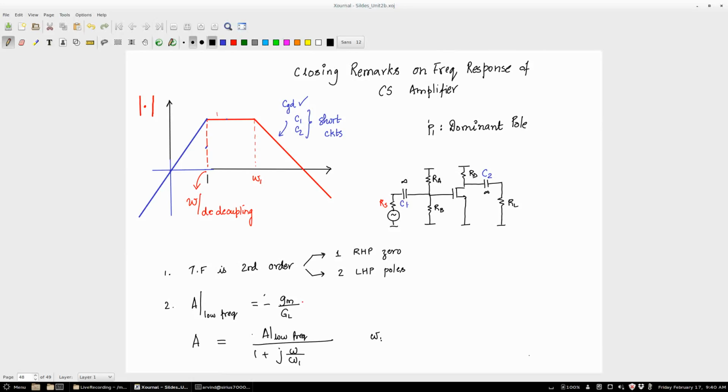GM times RL, right? Even if I wake you from your midnights, you should be able to say this. You're an electrical engineer, you should do this. And what happens to the frequency response?